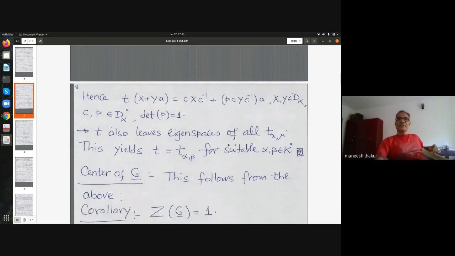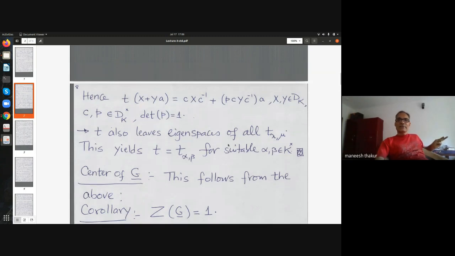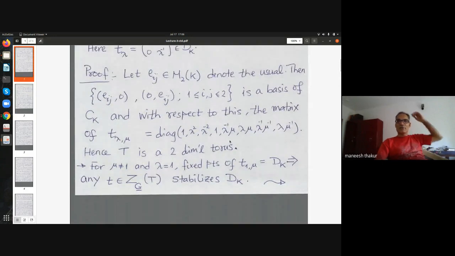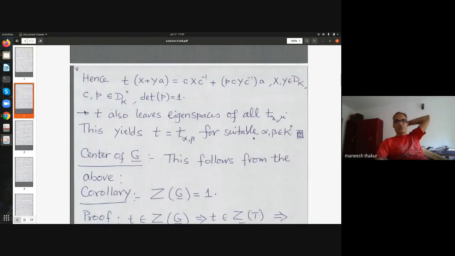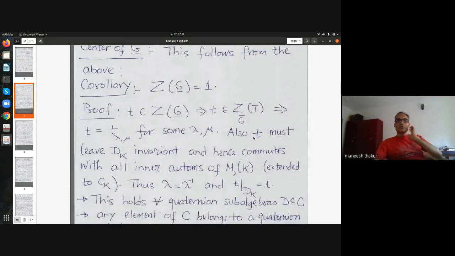In any case, whatever way you argue, the point is that this is a maximal torus. You convince yourself in one way or the other. This is a torus of dimension 2 in the automorphism group, which is maximal. So rank is 2.